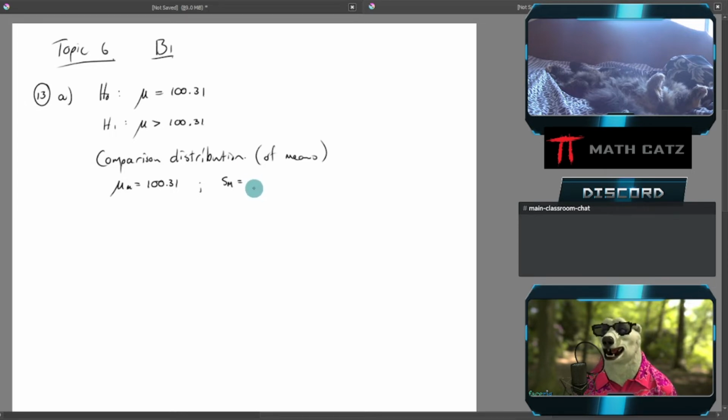S is 2, the sample standard deviation, but adjusted to the distribution of means, as we always do for a sample greater than 1, by dividing by the square root of the sample size. In this case, we have a nice sample size, so this is a convenient calculation. 2 over 4 is 0.5.